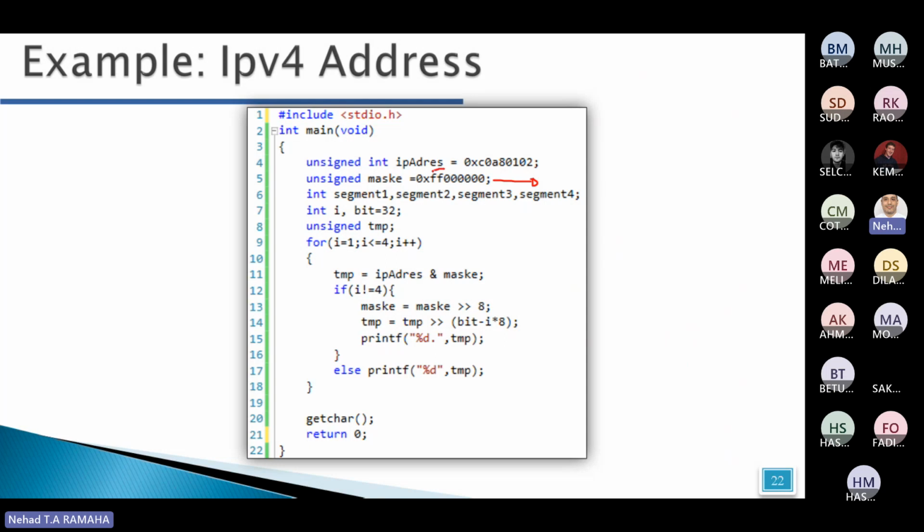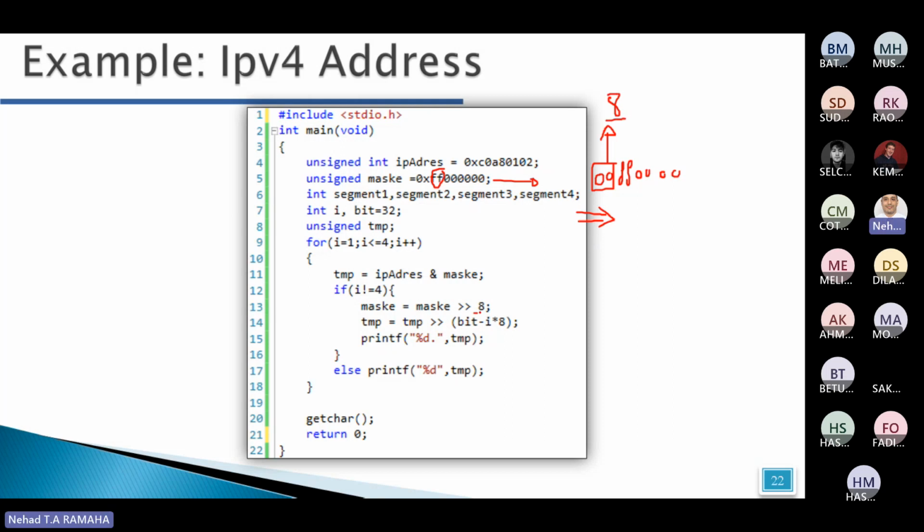Second time I need this FF to come here. So the mask becomes 0, 0, F, F, 0, 0, 0, 0. How to do this? We will make shift. Shift by how much? Shift by 8, because each two digits here, in the hexadecimal, it's 8 in the bit.